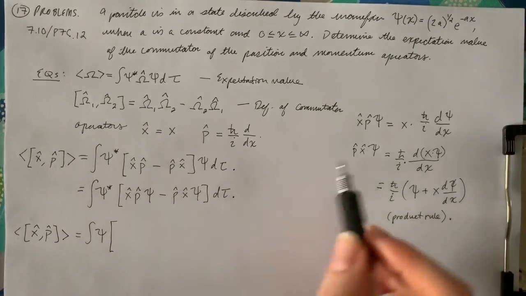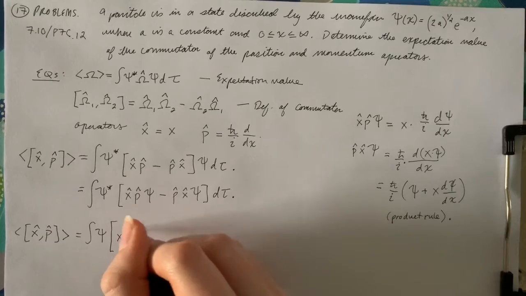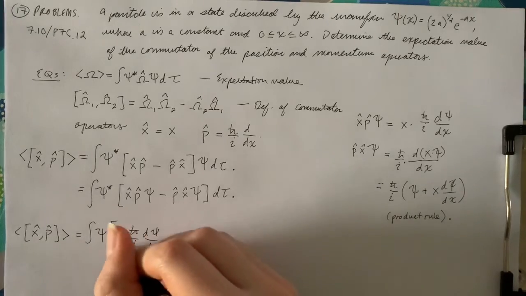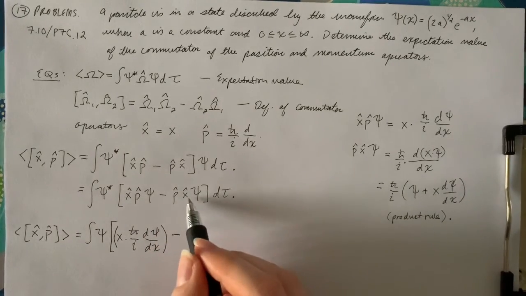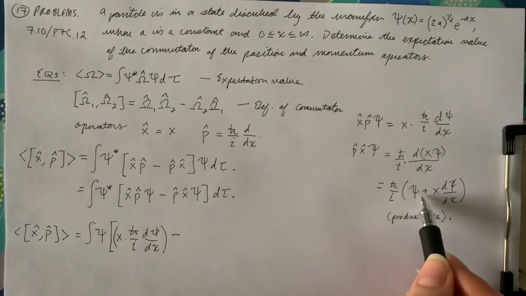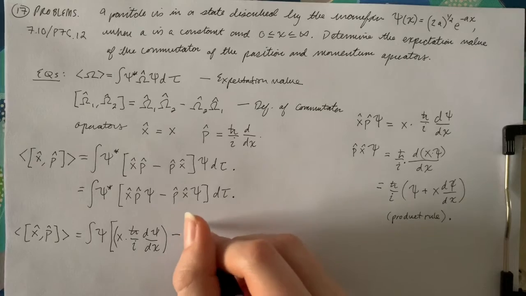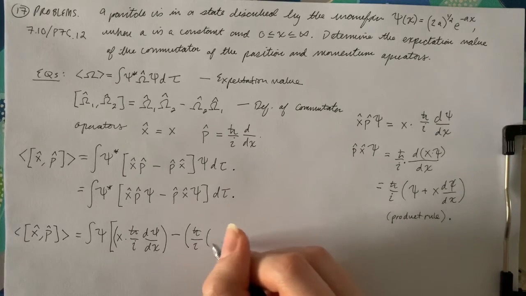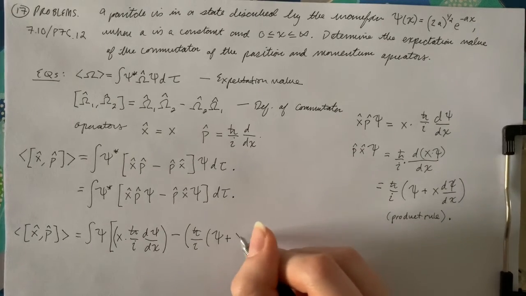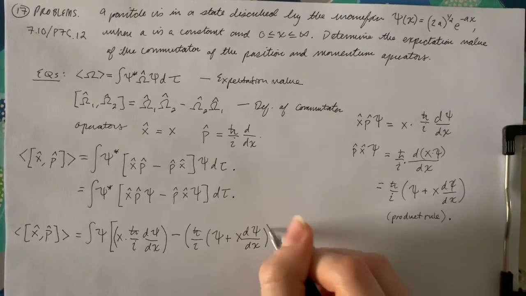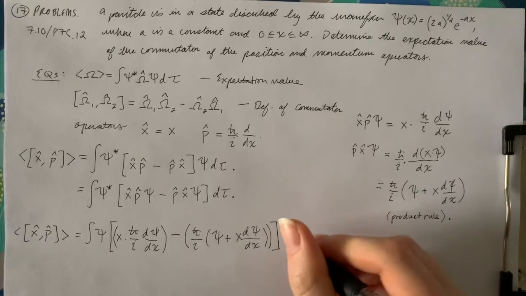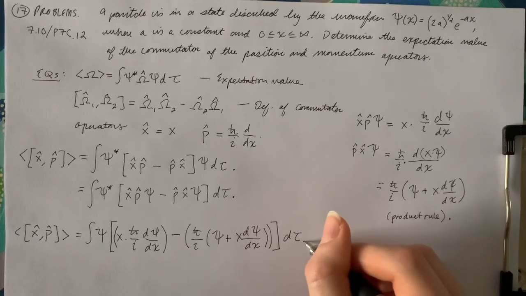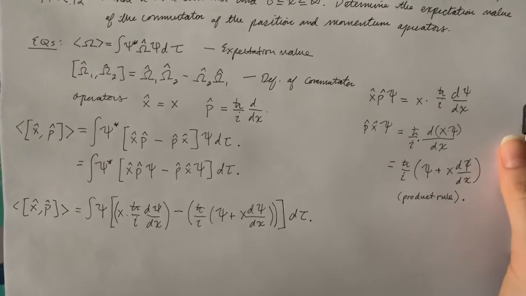So position momentum times psi, we have x times h bar over i d psi over dx, this, minus momentum position psi, which we found to be this quantity, d tau.